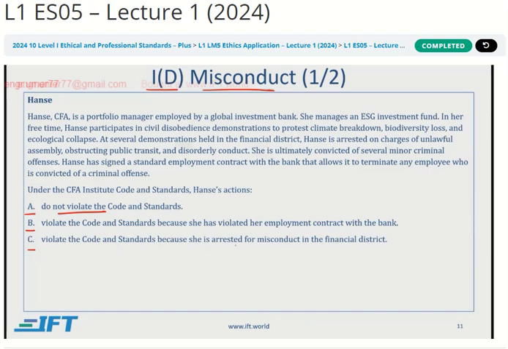Now here we should keep in mind that the acts of civil disobedience by Hanse reflect her personal beliefs. They do not reflect adversely on her professional reputation, integrity, or competence. Therefore, these actions do not violate the code and standards.